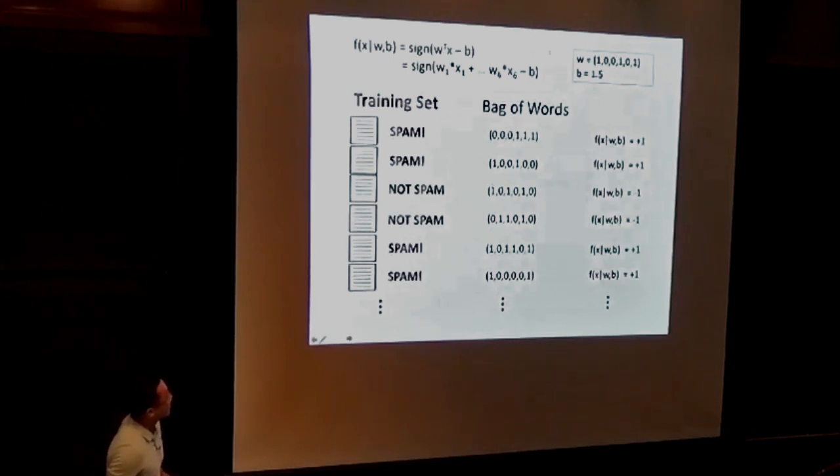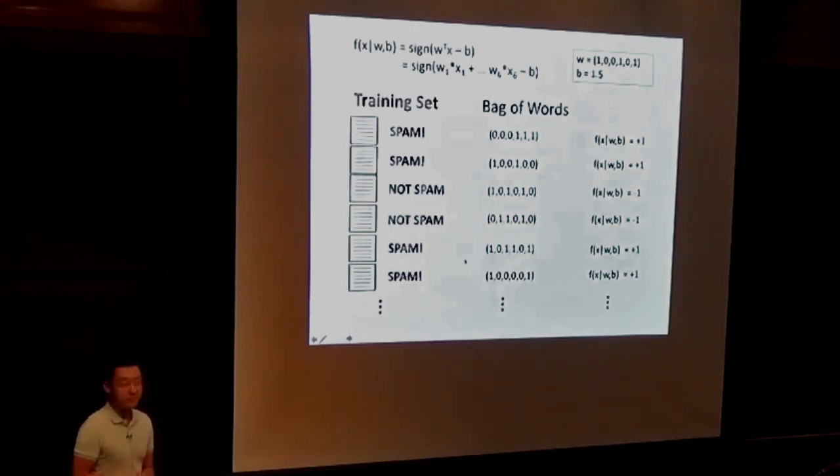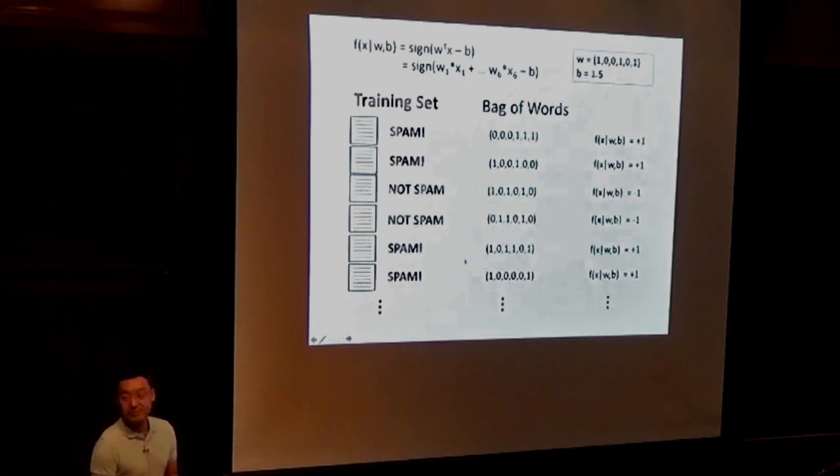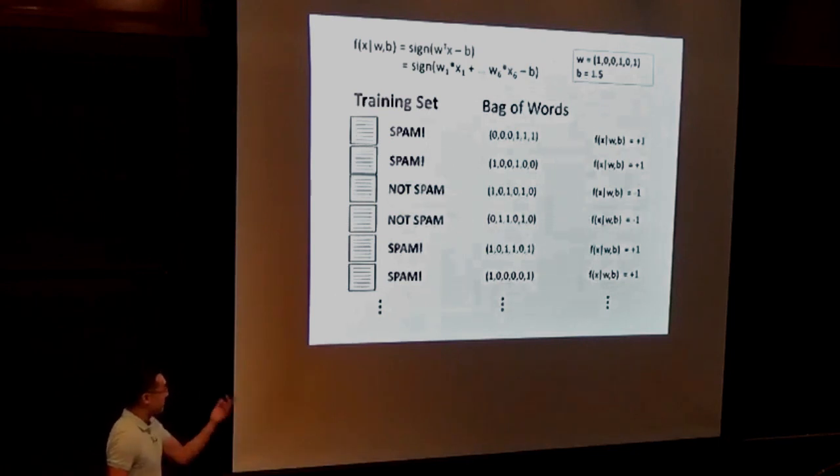And on the top right, for this very simple example, here's the instantiation of W and B that will give you perfect classification, at least on the first 6 examples in the training set. And of course, if you're curious, you can work out the math and the arithmetic yourself offline.